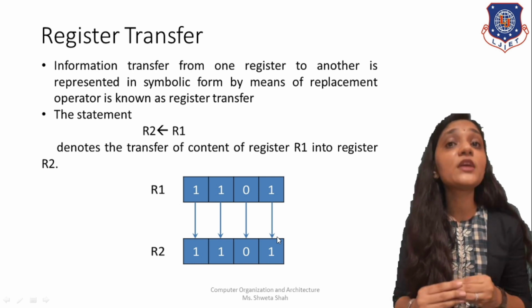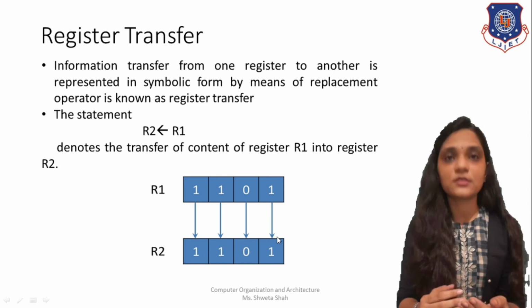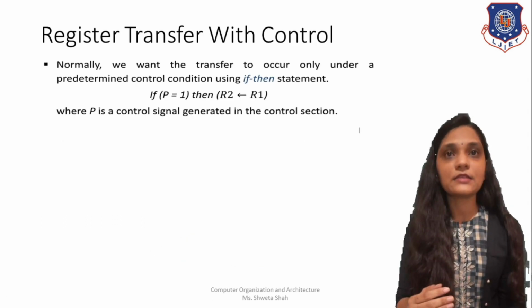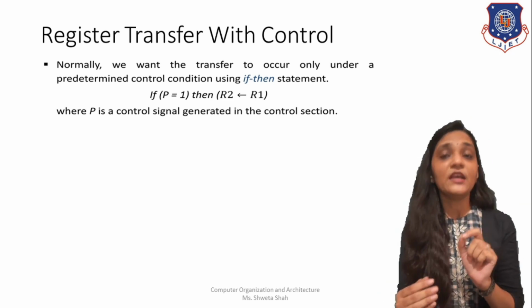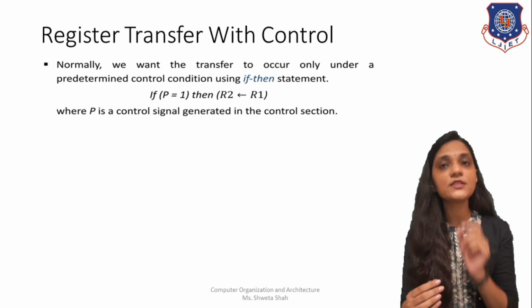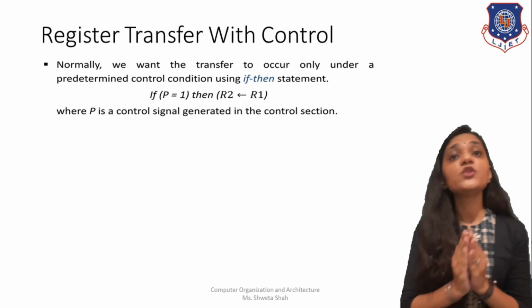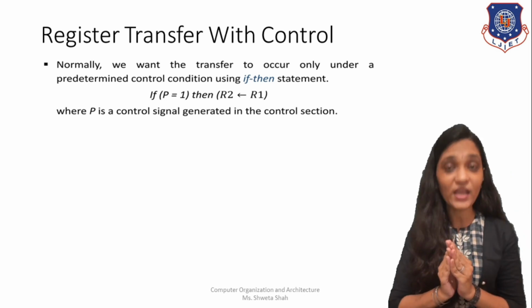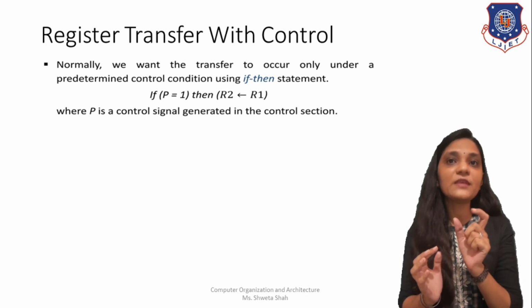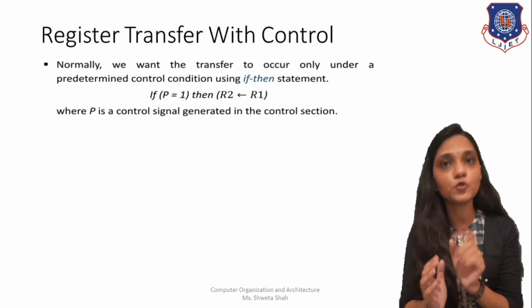But if you require to take this transfer conditionally, for example if some condition is P, and if your condition is fulfilled, that means the output of that condition is 1, then and only then you have to transfer the content of register R1 to R2. So your statement will be like, if P is equal to 1, then R1 transfers to R2.